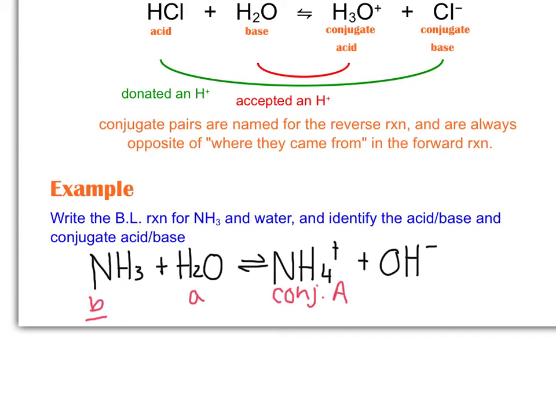And OH minus came from water, which was the acid over here, so it must be the conjugate base. We can see that again if we're going in reverse. We think of ammonium ions losing that extra proton, and we can see that OH minus would gain that proton to become water again.